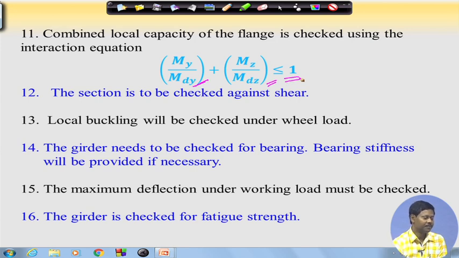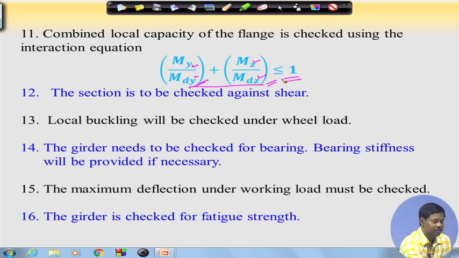Now, sometimes we will see that My is less than MDY and Mz is less than MDZ. However, the combination of these two is not less than or equal to 1. So, that may be possible. In such cases we have to go back to the earlier steps, increase the section size, and recalculate the design bending strength.